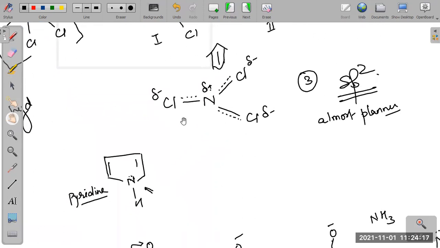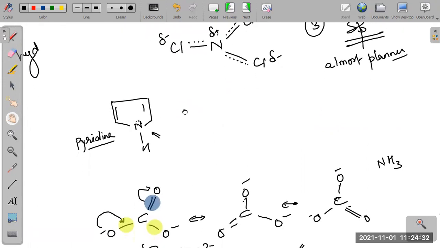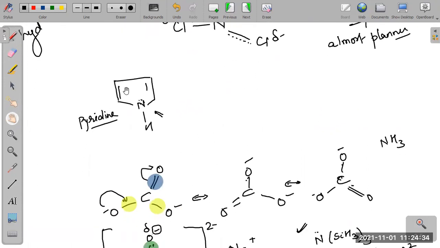So here we have seen that resonance is also responsible for a change of hybridization in certain molecules. Not only this, we have another example, pyridine: four carbons and one nitrogen, a total of five atoms in a ring. This happens to be an aromatic system.